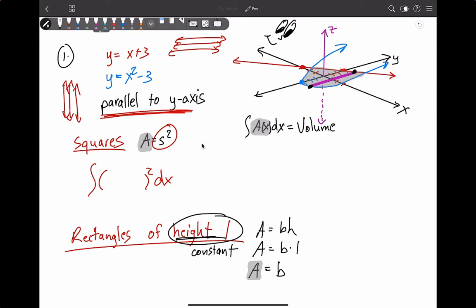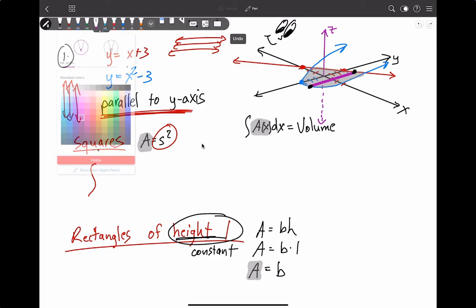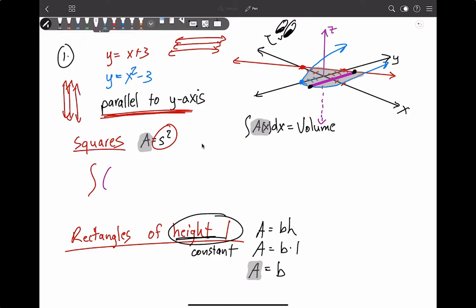So the length of that purple line is going to be all of your side, and it's going to be squared because it was side squared as far as our equation is concerned. So all of that side squared, we know it's dx because they're parallel to the y-axis.